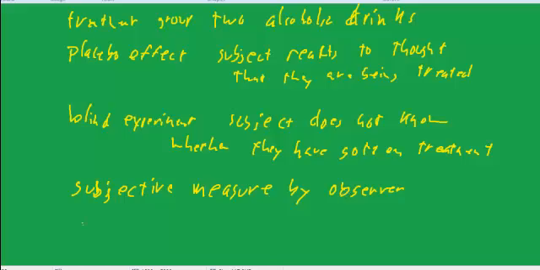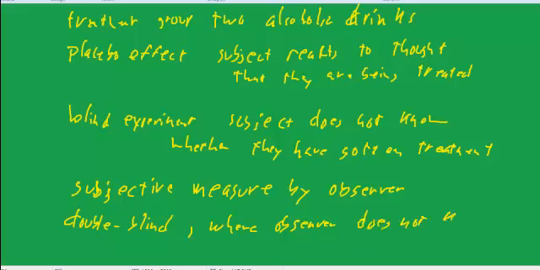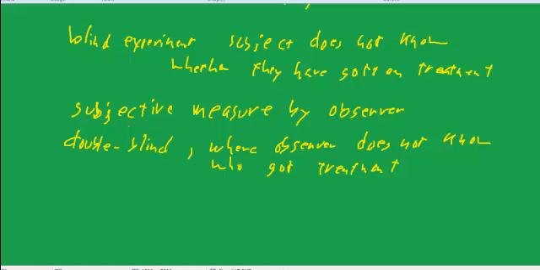So to deal with that, you create a double-blind experiment where the observer does not know who got the treatment. That eliminates the observer bias. Now somebody has to know who had the treatment.